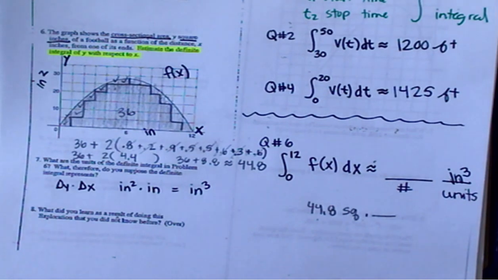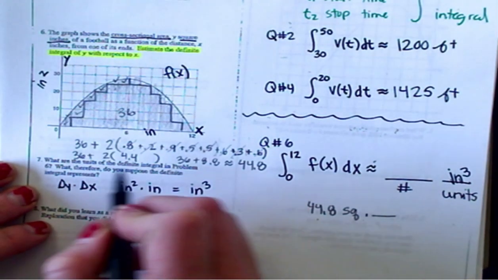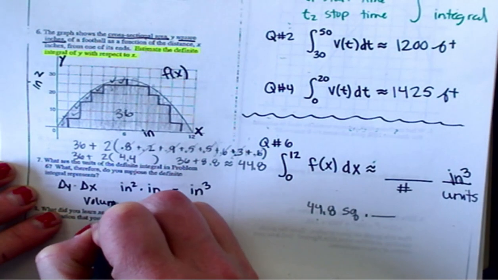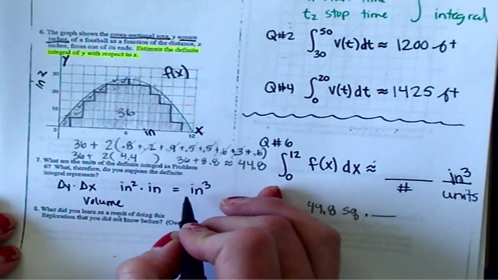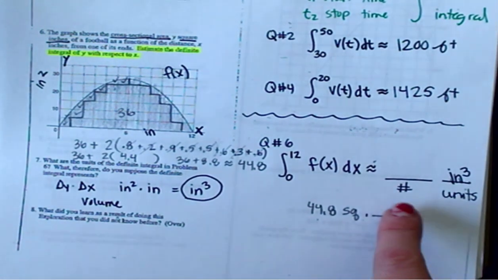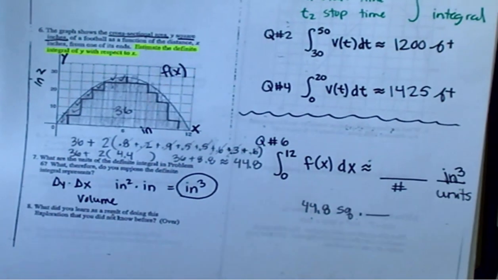Say it. Volume. So what are the units? Therefore, what quantity does it represent? Volume. Whether or not it makes sense how you get volume, you should understand that cubic inches is a volume measurement. That means that whatever you found, that number, that's a volume number based on the units alone.